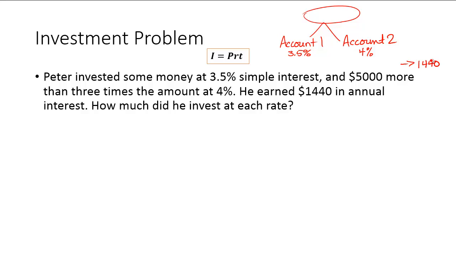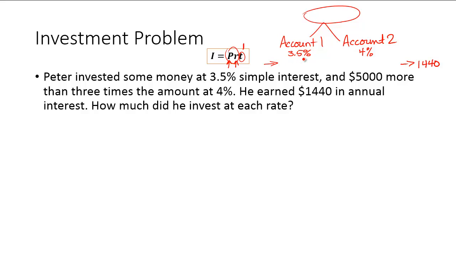We know that to find the amount of interest, we take the principal amount times the rate times the time. In this case, our time is just 1 year, so it's just a 1. So really, we're just taking the principal times the rate. So let's look at the amount that he's put in.